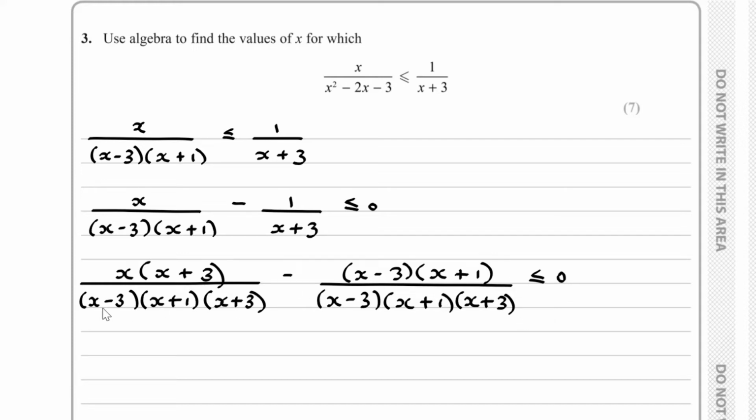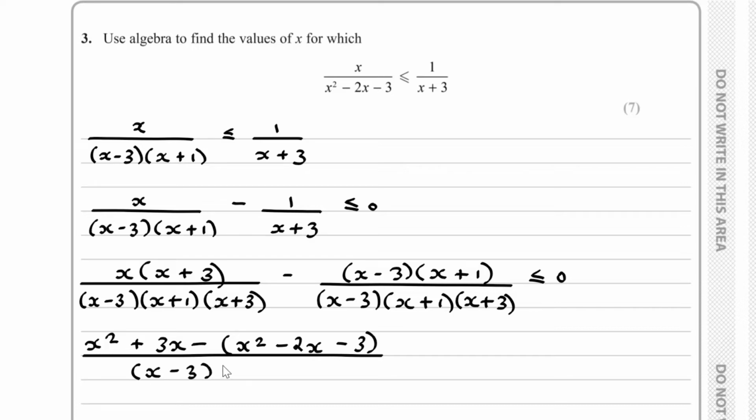And if we combine these, now that we have a common denominator, and if we expand out on the top, we have x squared plus 3x minus, and if we expand and simplify here, we have x squared, then we have x minus 3x, which is minus 2x, and then we have minus 3. And on the bottom, we have x minus 3 lots of x plus 1 lots of x plus 3.